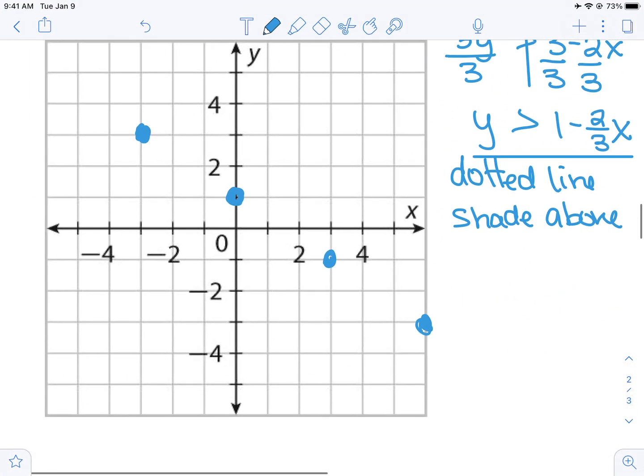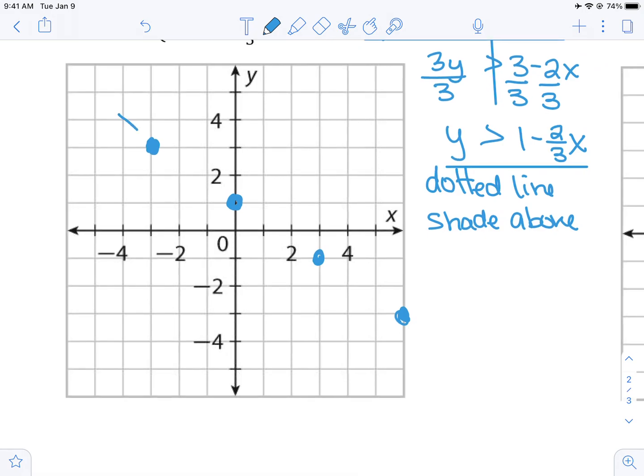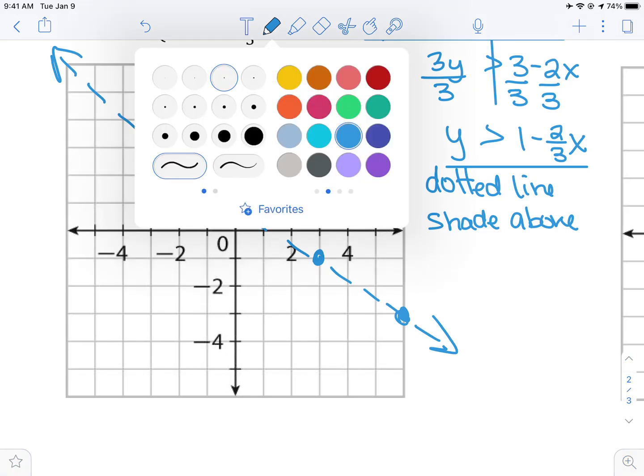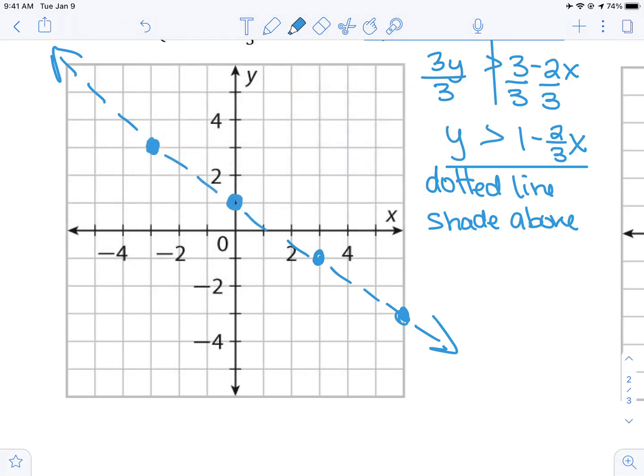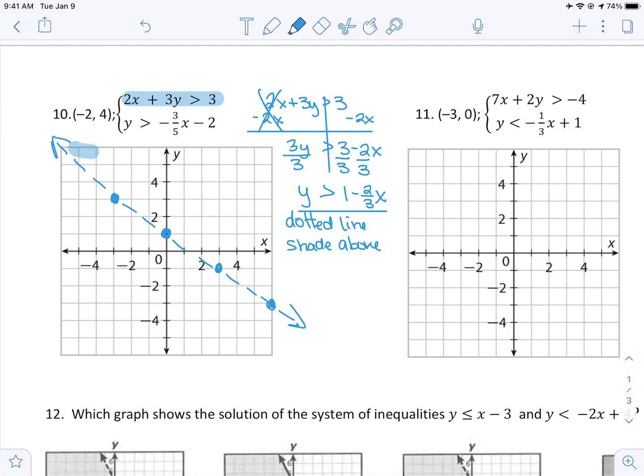Okay, my line is dotted. Perfect. Shading time, so we're shading above. So remember, the shaded area is where all the points that would work for that equation lie.